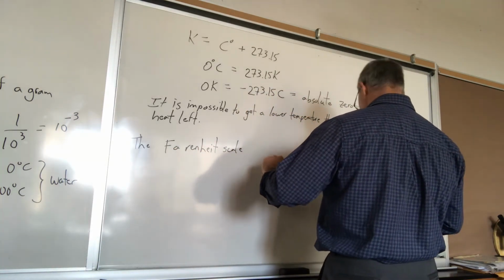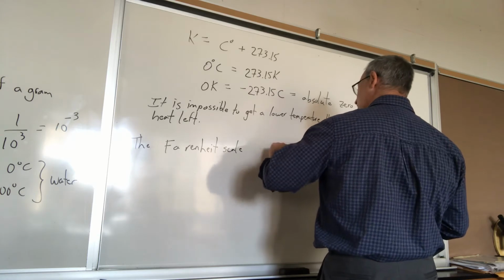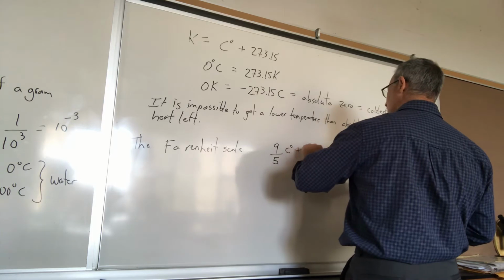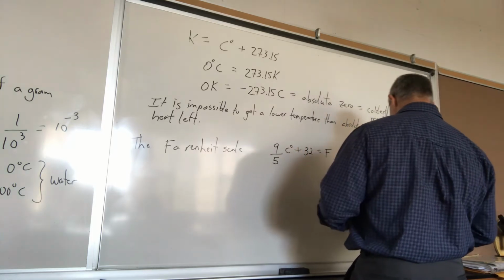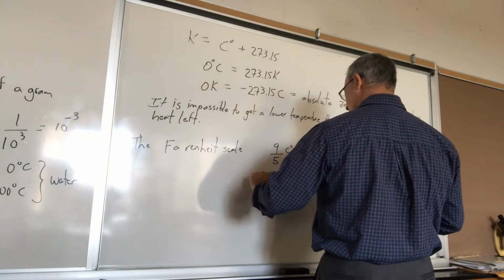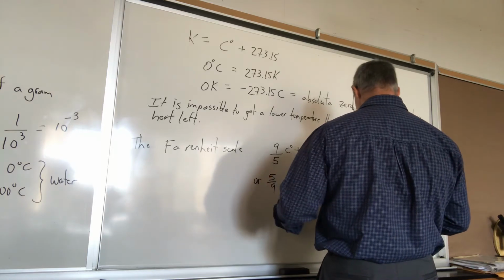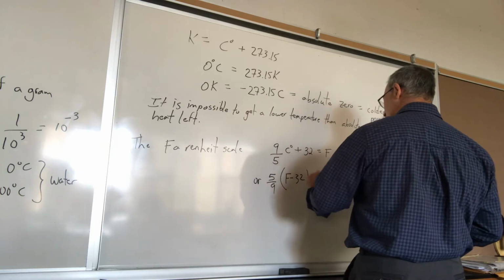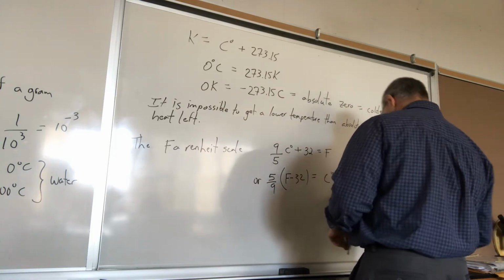The Fahrenheit scale is based on 9/5 times the degree Celsius temperature plus 32. That's going to give you the Fahrenheit temperature. Or if you want to go the other way, multiply the Fahrenheit temperature minus 32 times 5/9, and that's going to give you the Celsius temperature.